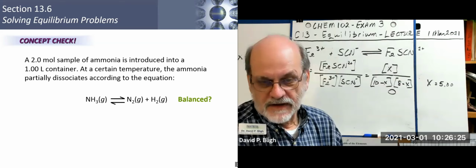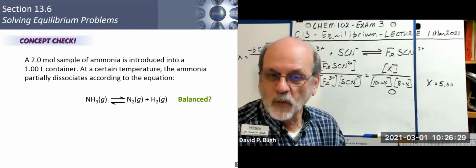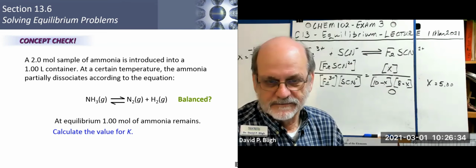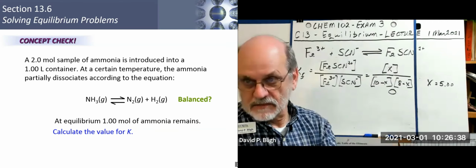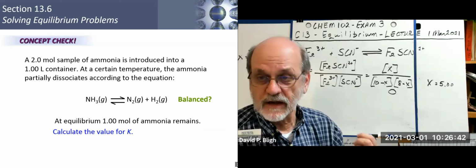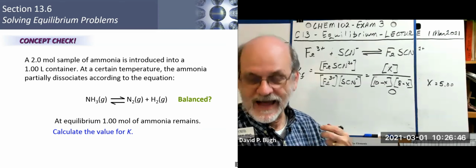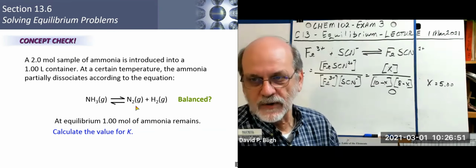So, is this balanced? No. It's got 2 nitrogens on the product side and 1 nitrogen on the reactant side. So we've got to balance it. And then we read the conditions. A 2 mole sample of ammonia is introduced into a 1 liter container. What's its concentration? 2 moles per liter, right? At a certain temperature. So this is actually going the reverse direction from the Haber.